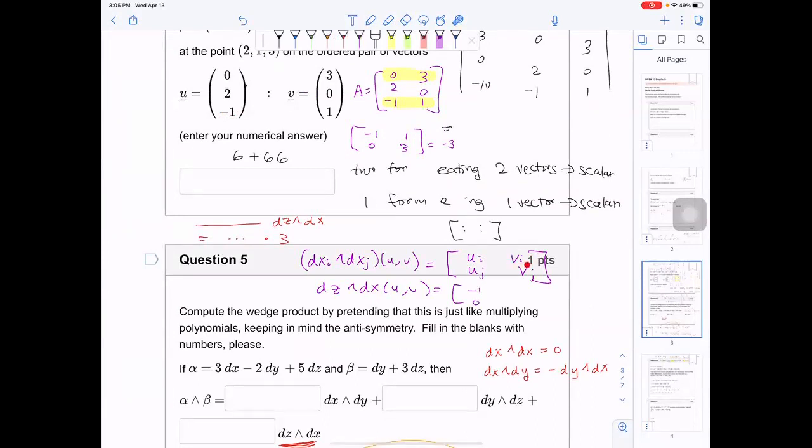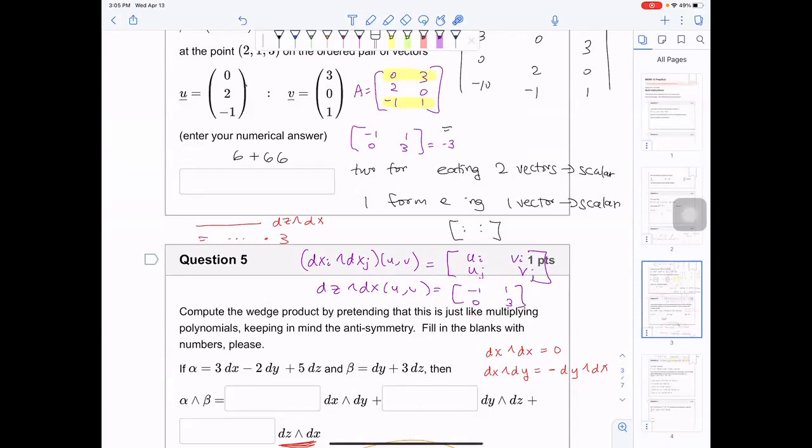Then our v vector, the z component is 3. And our v vector, the x component is 1. I switched it. 1 and 3. So just follow the formula.